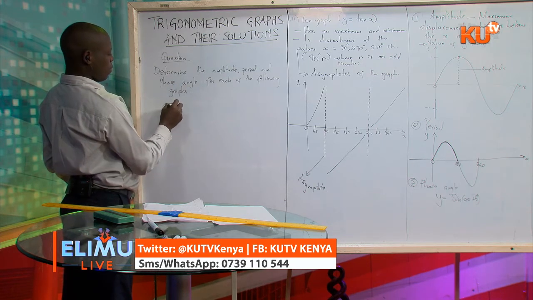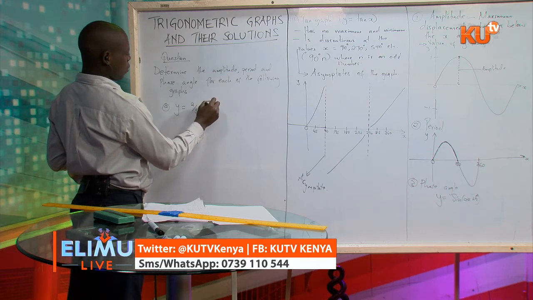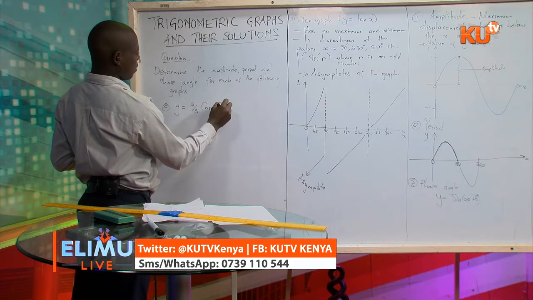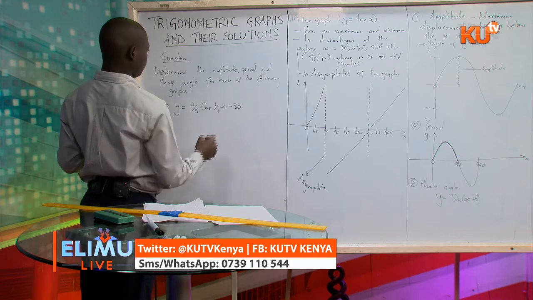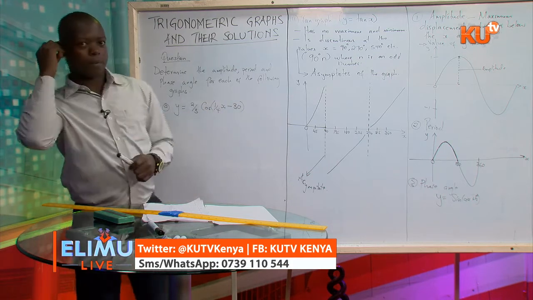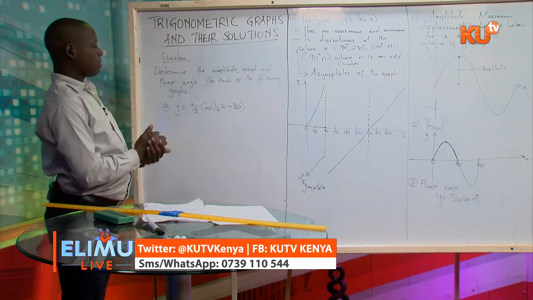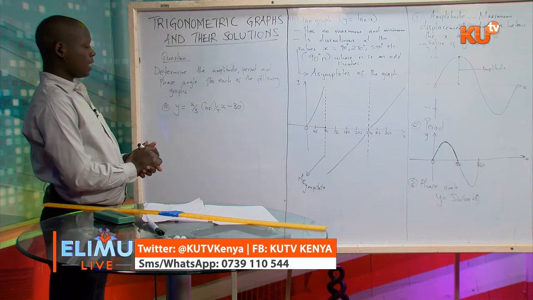The first one, we have y equals 2 over 3 cos a quarter x minus 30. That is the first curve: y equals 2 over 3 cos a quarter x minus 30.